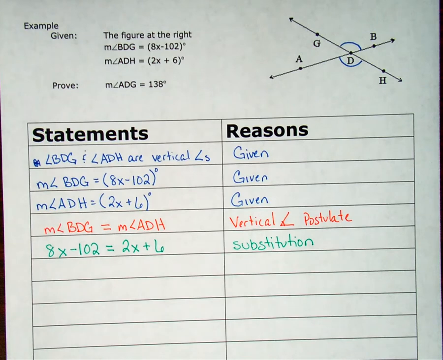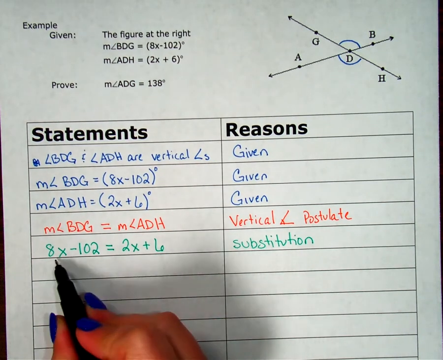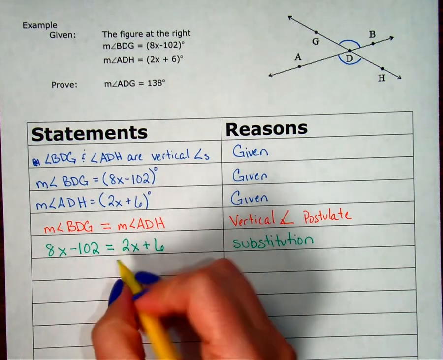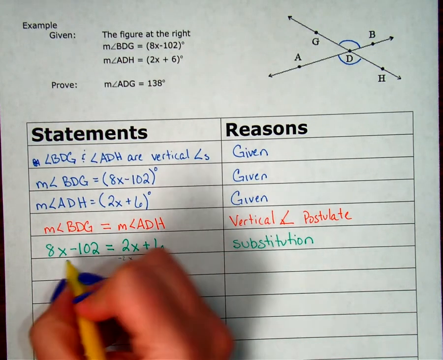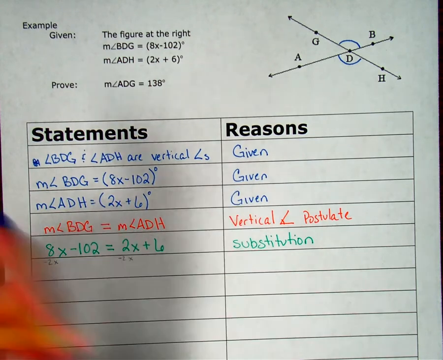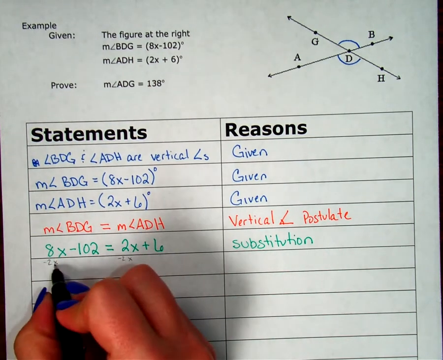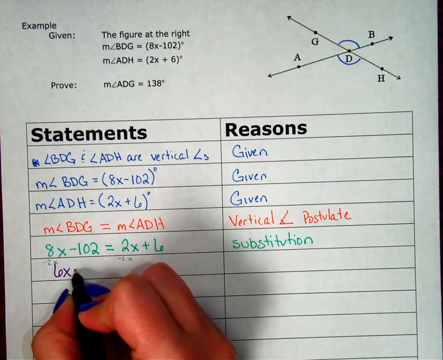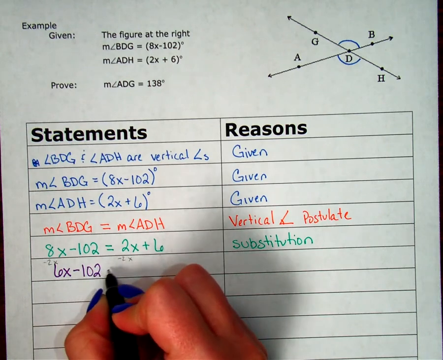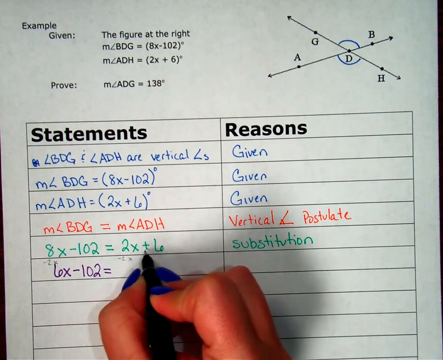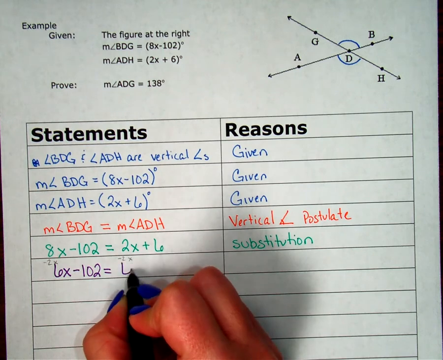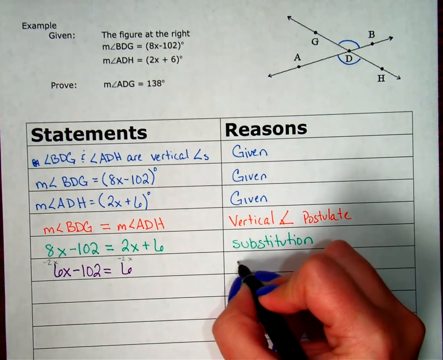The first thing I need to do is move my x's. Let's get all our x's together, right? So I'm going to move this 2x to the other side, and we don't usually write it, so I'm going to write it real small. I'm going to subtract the 2x. So 8x minus 2x is 6x minus 102 equals, that's going to become a 0 plus 6 is just 6, and I subtracted 2x on both sides.